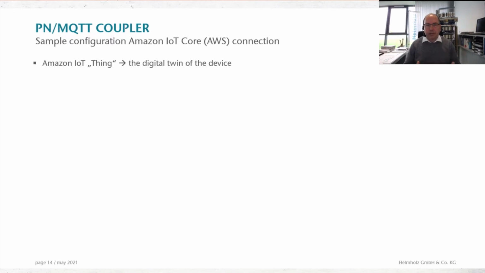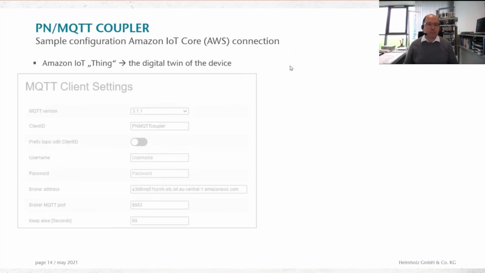And a thing you can understand as a digital twin of the device or a digital twin of the machine. The meaning behind this digital twin discussion is that Amazon IoT is handling this machine as a virtual instance, a virtual thing, and this virtual thing holds all the values which are coming from the machine or values which will be sent to the machine.